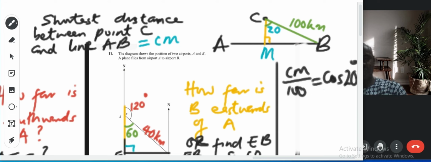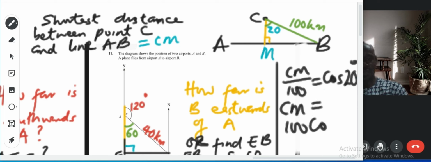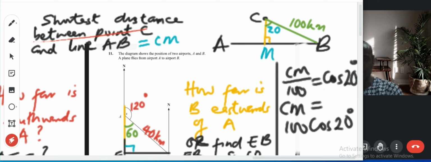So we can find CM. CM is equal to 100 times cos 20 degrees. That's the shortest distance between point C and line AB, the perpendicular line that runs from point C to line AB.